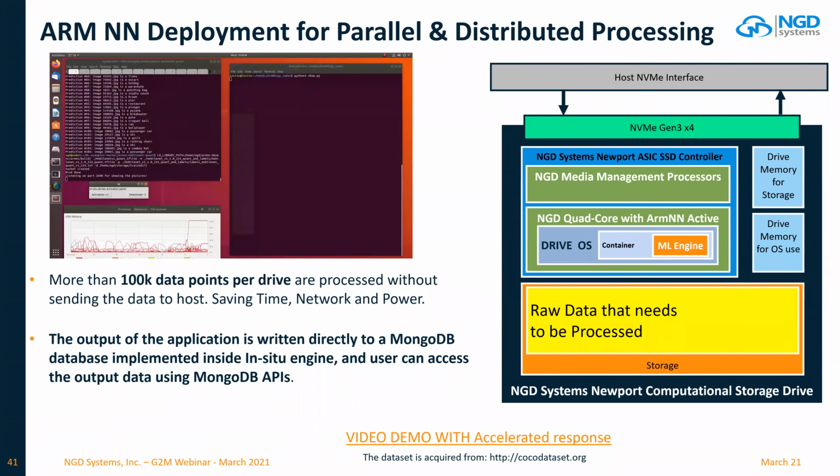So what we have been able to do with our architecture is embed a processing engine with an OS that can support containers as necessary and deploy things like ML or AI engines, neural networks, things like that. And what it does is it allows us to take that raw data and move it into a much smaller piece of information that needs to be processed by the host system itself. So a self-searchable, self-creatable, self-identifying, all these different types of ways to take a raw data set and convert it into more useful information while not requiring the host processing.